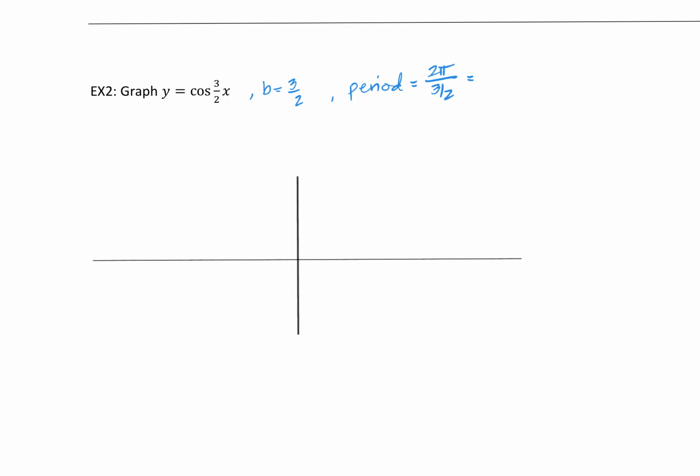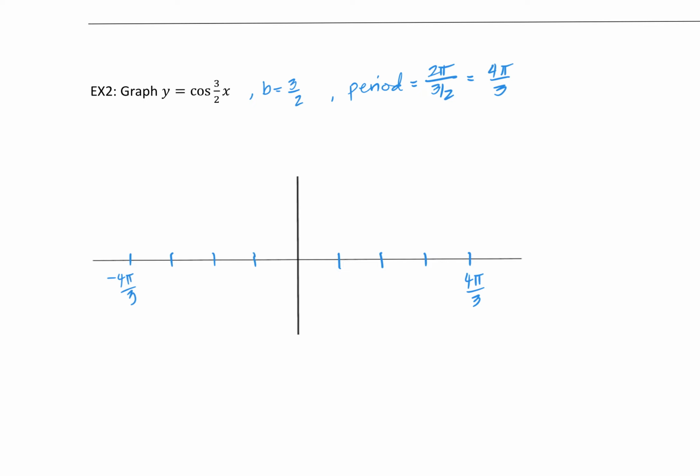So that's 2 pi times 2 over 3, which would be 4 pi over 3. Same thing. I'm going 1, 2, 3, 4. New period is 4 pi over 3. If I'm going in the negative direction, I'm going 1, 2, 3, 4, negative 4 pi over 3.